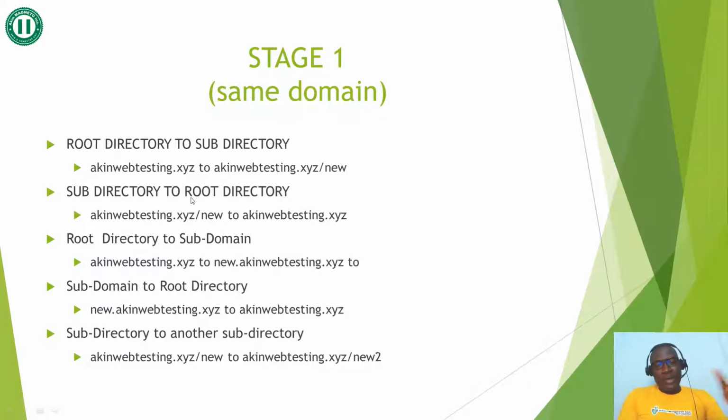So we are going to migrate a WordPress file from root directory to subdomain. That is, we are going to use akinwebtesting.xyz to new.akinwebtesting.xyz. Now I've hosted WordPress files on this web URL for the sake of this tutorial.